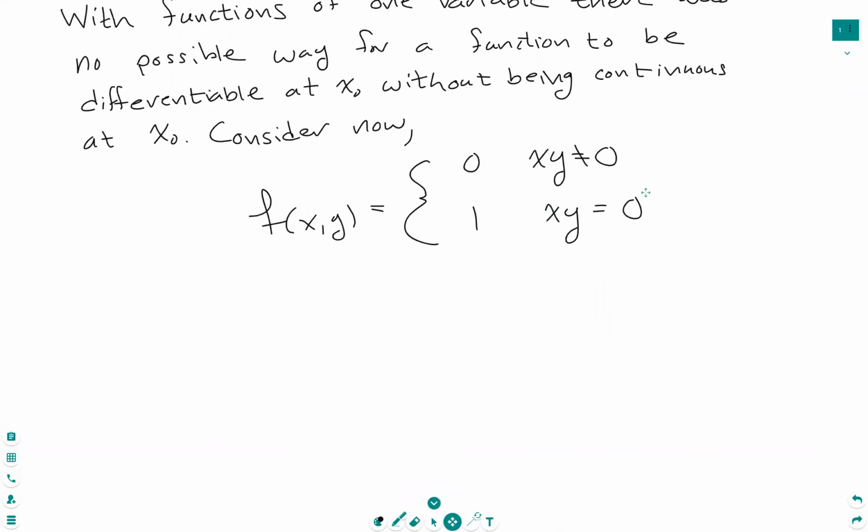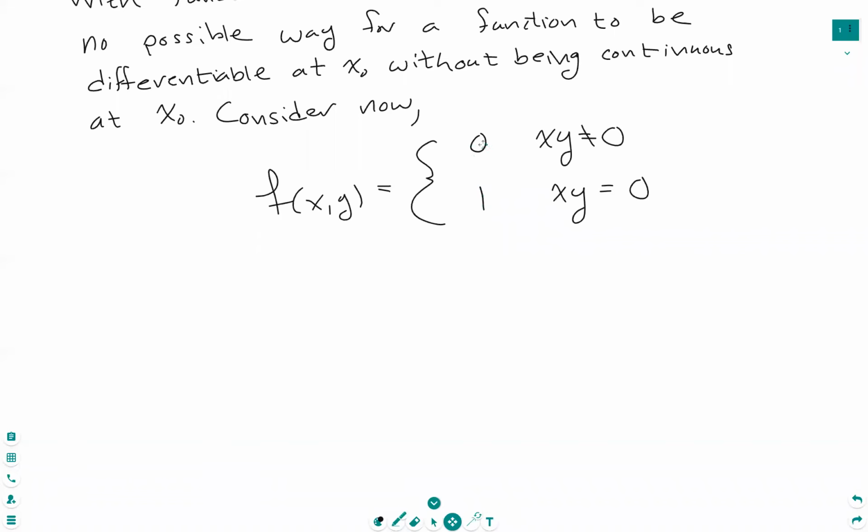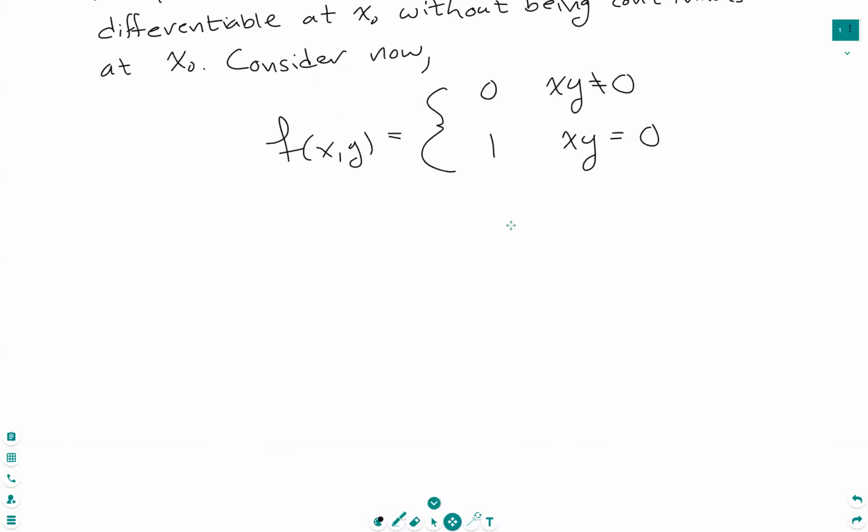So this just means anywhere that x times y is equal to 0, we get this 1. So if we have x being 0 or y being 0, we're going to put a 1 there, and everywhere else, it's going to be 0. So you can think along x equals 0 or y equals 0, we just have the value of 1. Everywhere else, we have the 0 value.